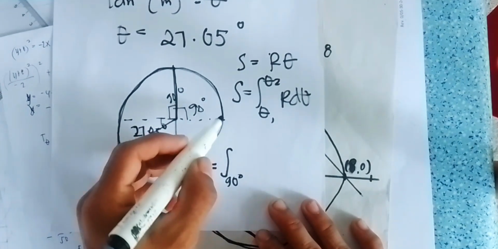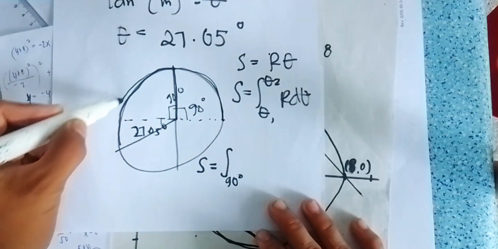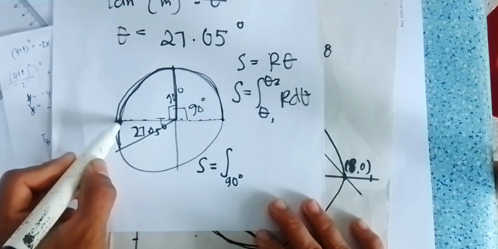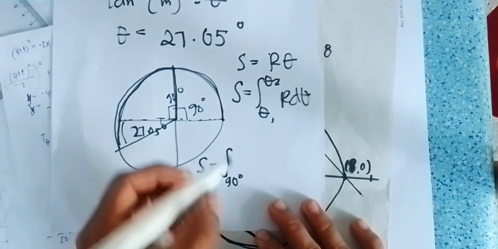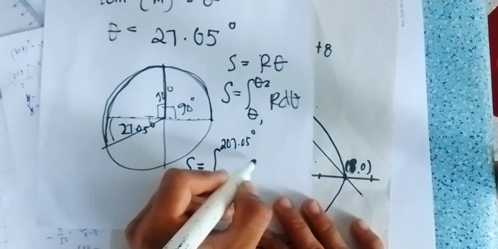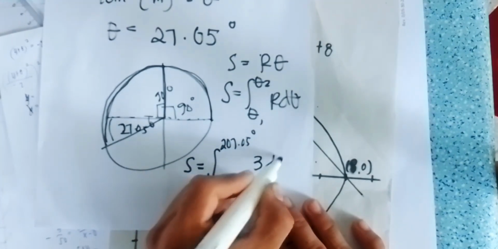But your theta 2 must be bigger. So from the point of origin up to this one, you add 180 plus 27.05, you will get 207.05 degrees. Your r here corresponds to your radius, which is 3 d theta.